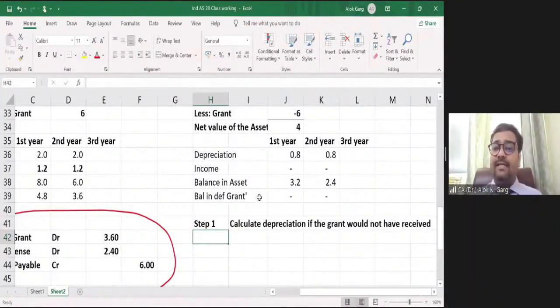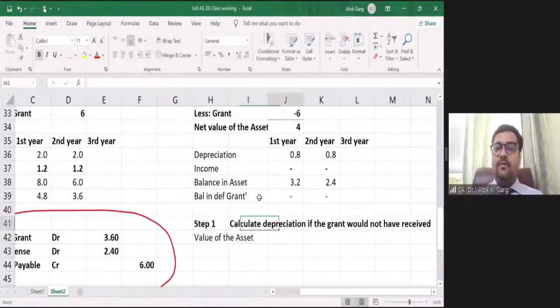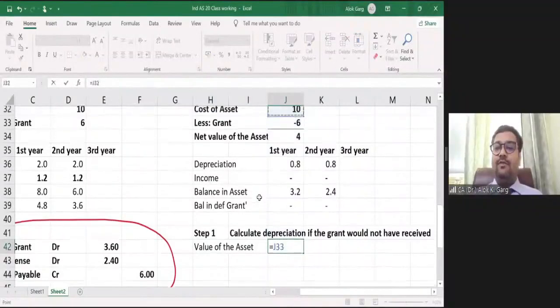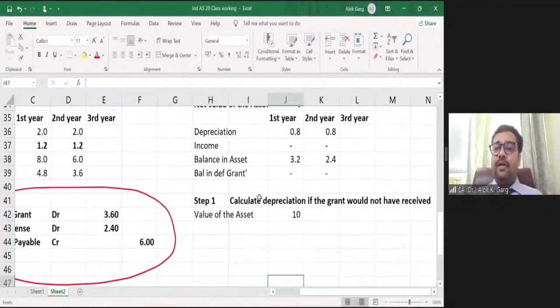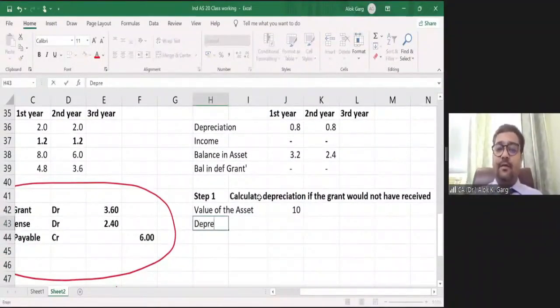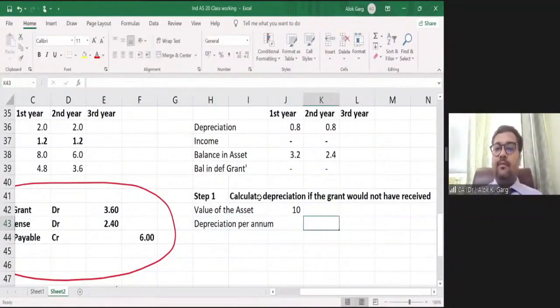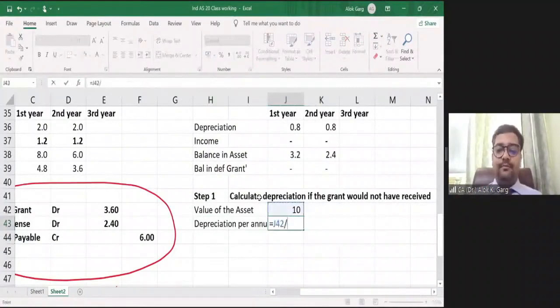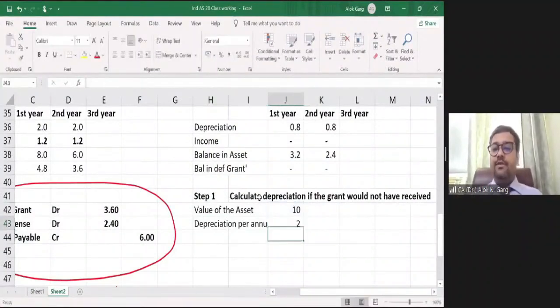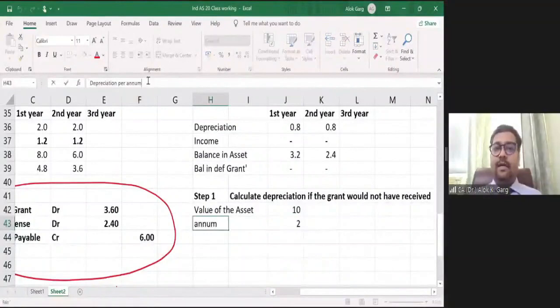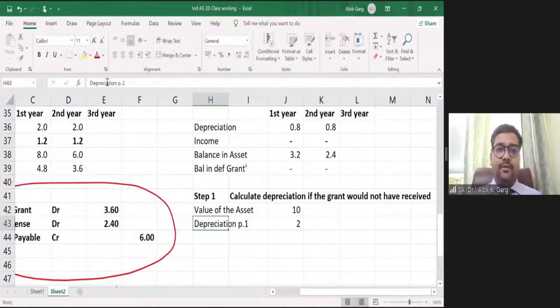The value of the asset was 10 lakh, of course, the same value. And what was the depreciation per annum? Of course, it is 10 by 5, which is 2 lakhs per year.